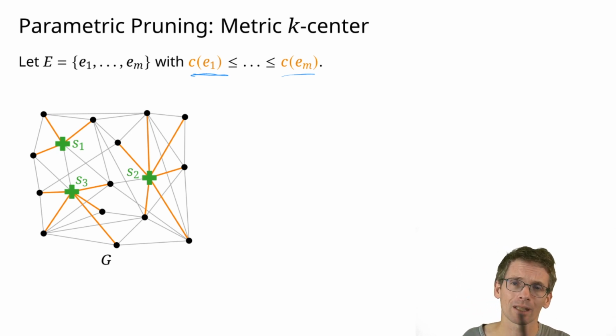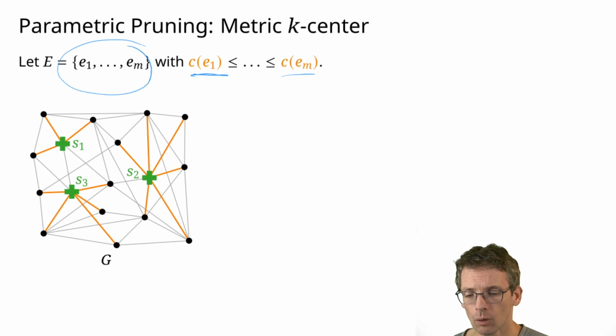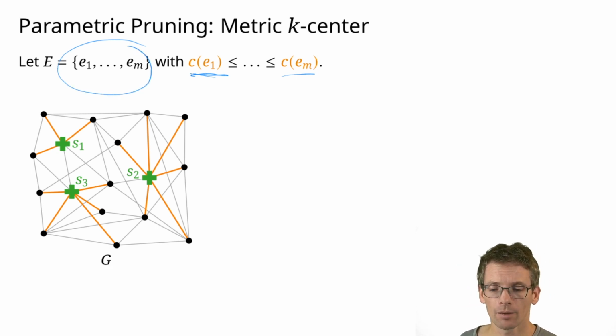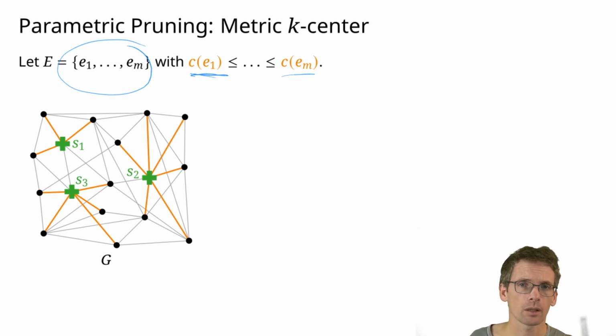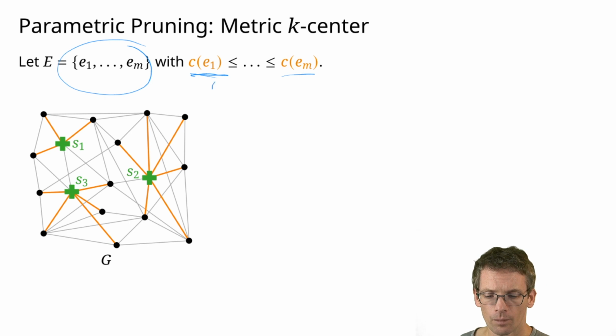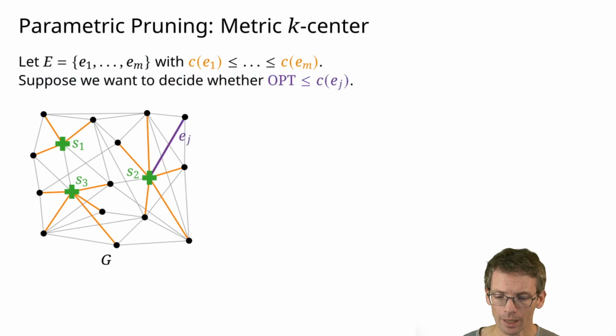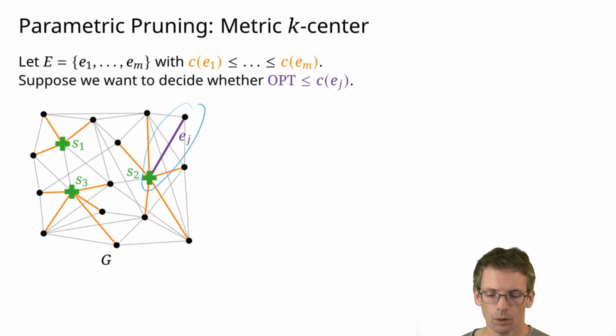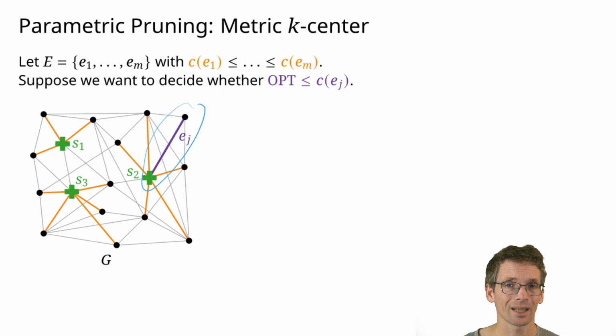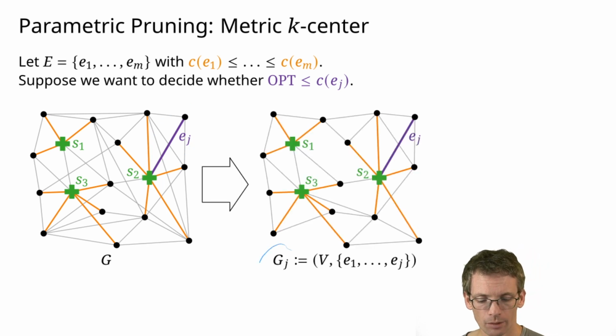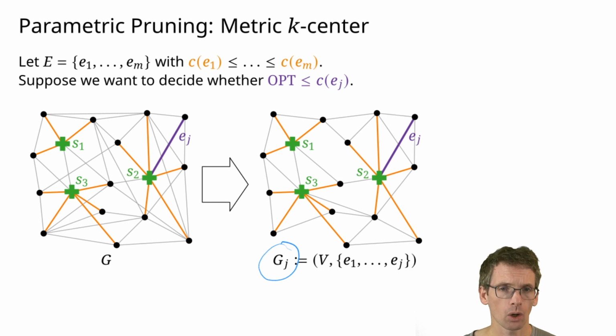And if I want to do those in increasing order, I take my set of all edges, I sort them by their cost from small to large, and then my t I'm going to increase going through all of these costs. Now let's assume I'm currently testing the cost of the edge ej. Now let's think about how my pruned instance looks like. So a simple way to describe the pruned instance here is the following. I'm going to take the graph Gj, which only includes the edges e1 to ej.